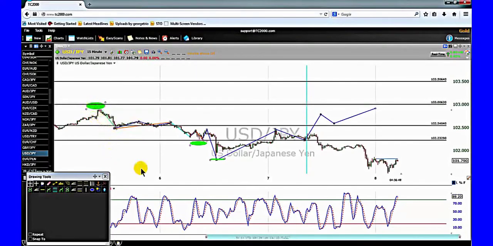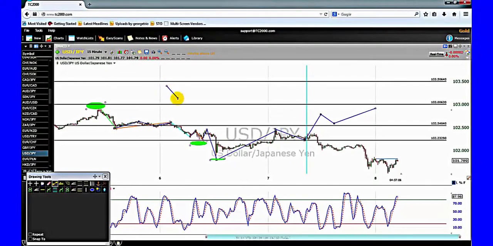But the correction has failed. The correction was not completed. Why? Because the trend is still underway. Do you understand? So what is taking place here?